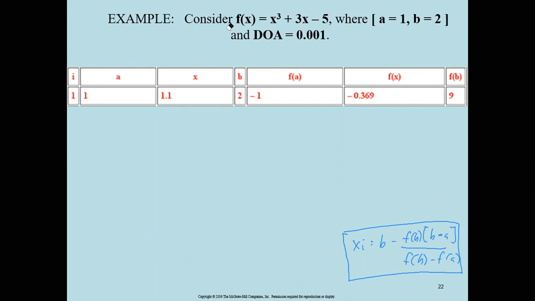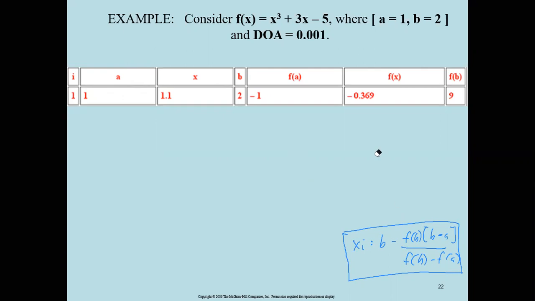Okay, so we have the same given f of x equals x raised to 3 plus 3x minus 5. A is 1, B is 2, DOA is 0.001. Okay, so we need to tabulate our values. So column for A, the given, B. And of course, to find this value of x, we need to use this formula, no?